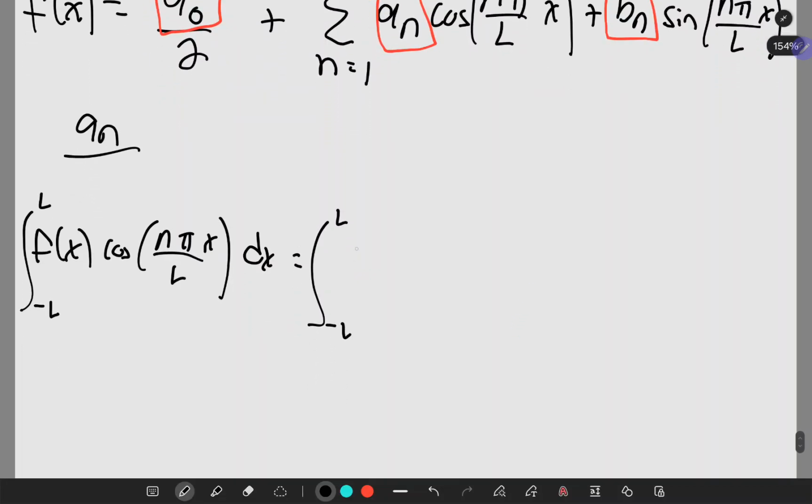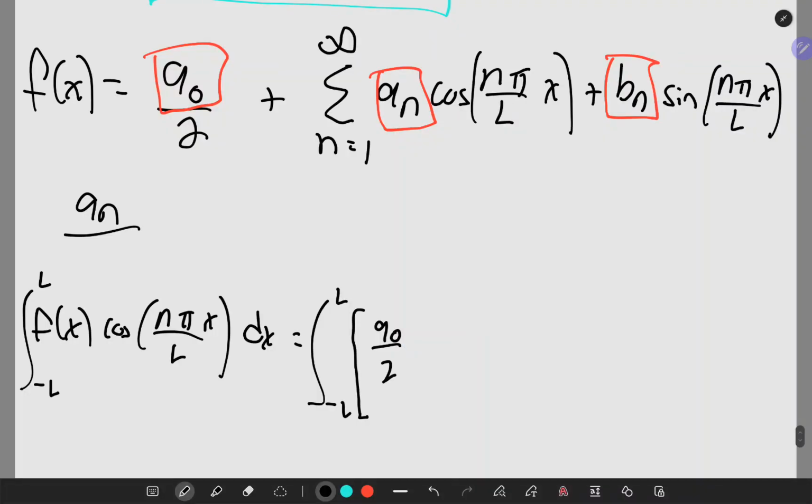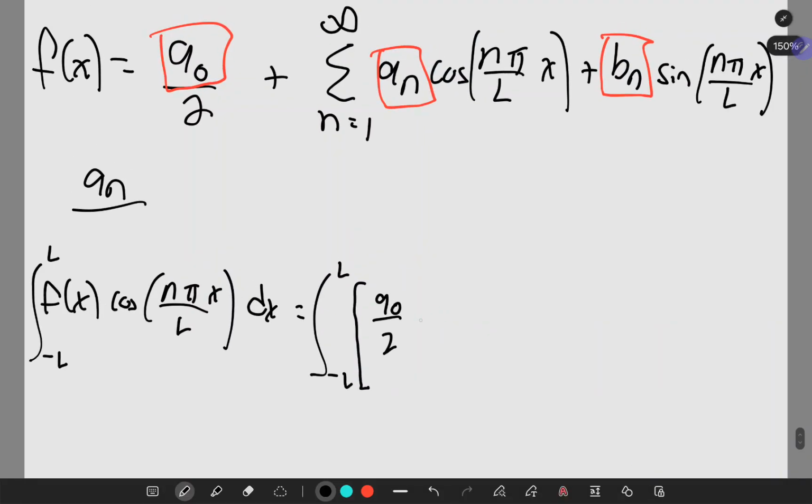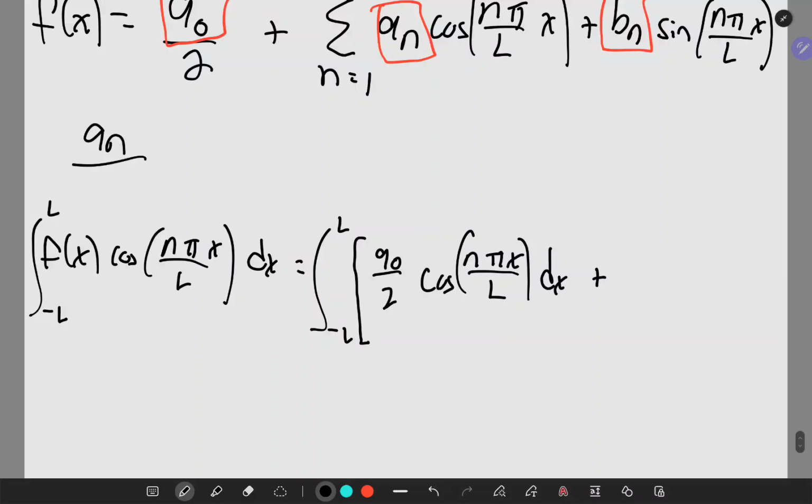L, a naught over 2 times cosine of n pi x over L dx, plus, and I'm going to split these integrals up.